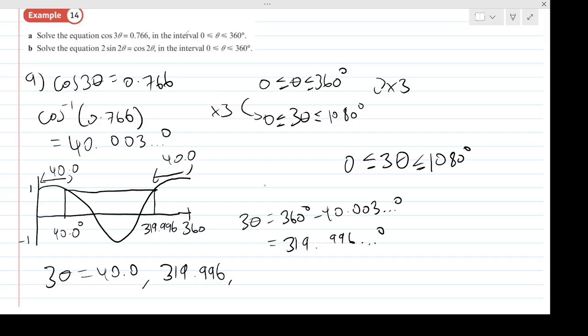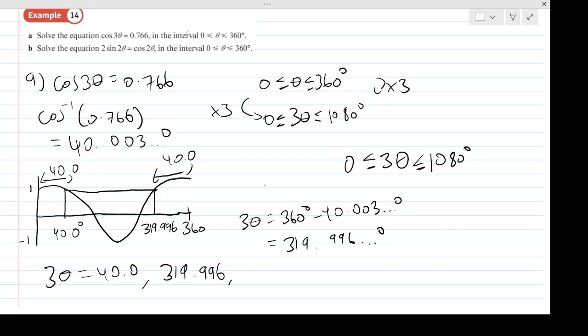And then, because we now found the two solutions next to each other, so we found the first solution at 40, then the solution after it. Then to get the other, more solutions, we just need to add 360 on to each of these solutions we have, because the graph's repeating every 360, right?